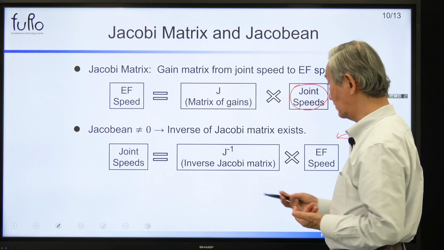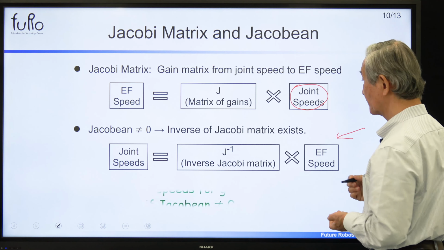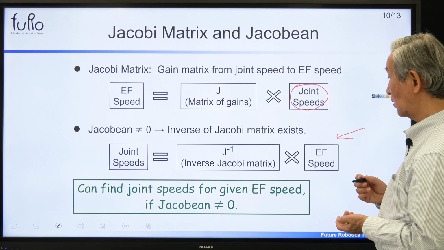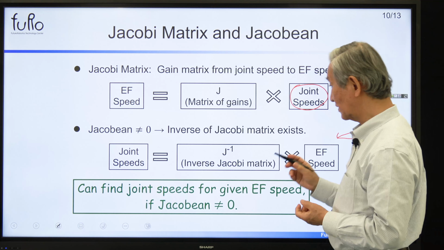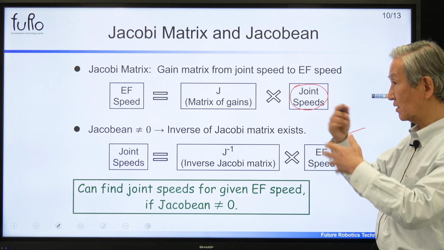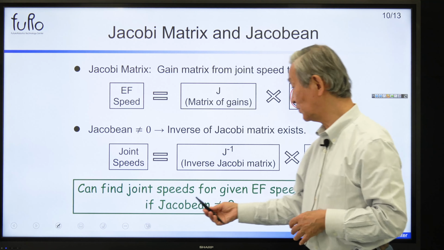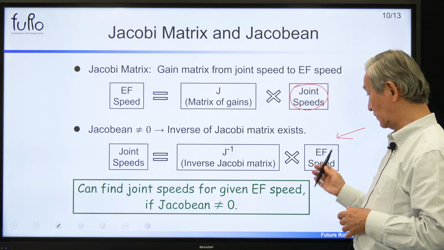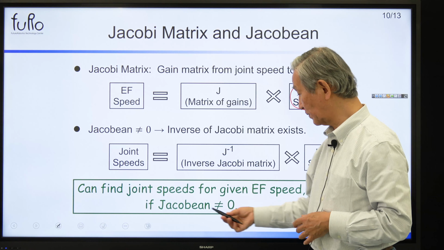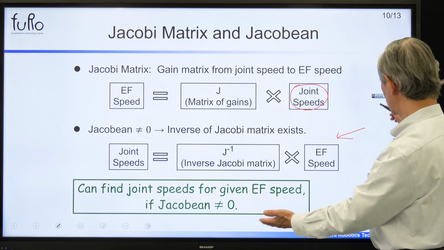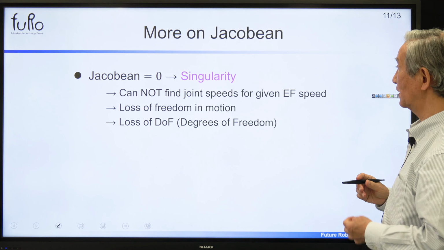So that we can compute the inverse Jacobi matrix here. Okay? So if I reverse the way I say it, we can find joint speed for given end-effector speed if the Jacobian is not equal to 0. So this statement can tell you how important it is.